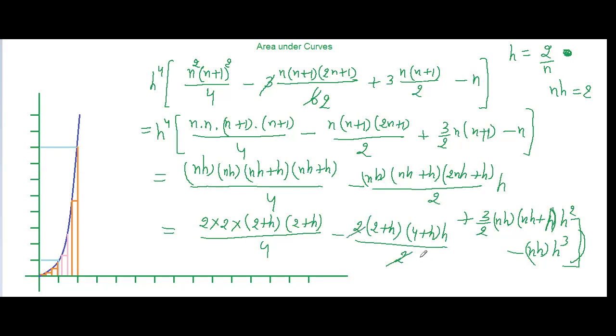This 2 cancels here. Then 3 by 2 into 2 into (2 plus h) into h square, and minus 2 times h cube.